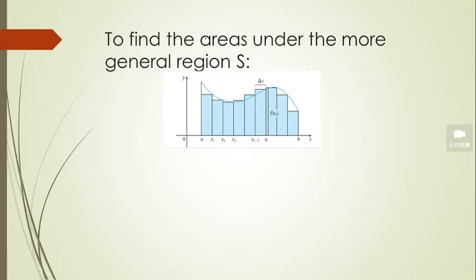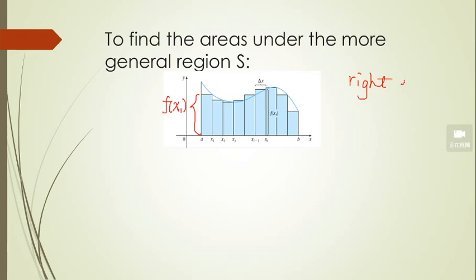If you check every rectangle, how about the first one? Here for the first rectangle, we took the height f of x1, which is the function value at x1. And for the second one it is f of x2. So to form each rectangle, this graph shows we choose the right endpoint.